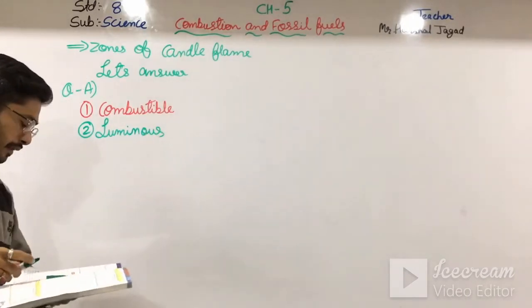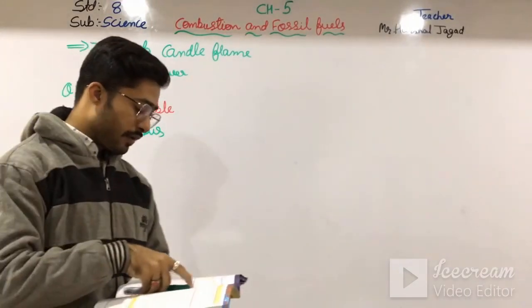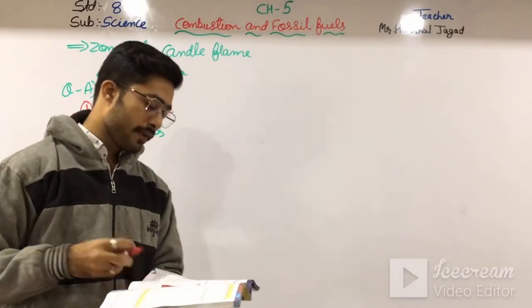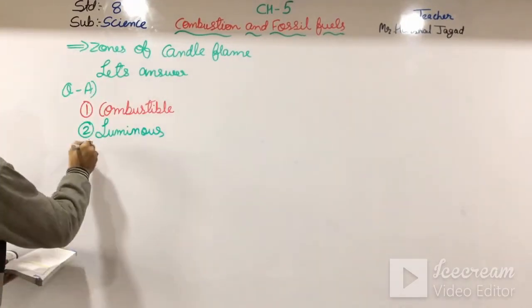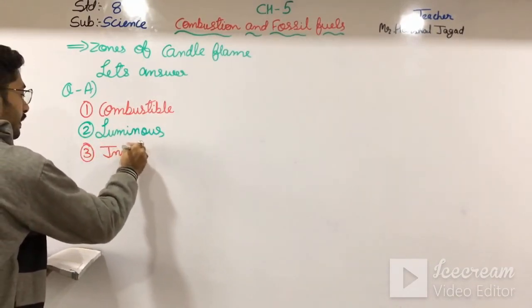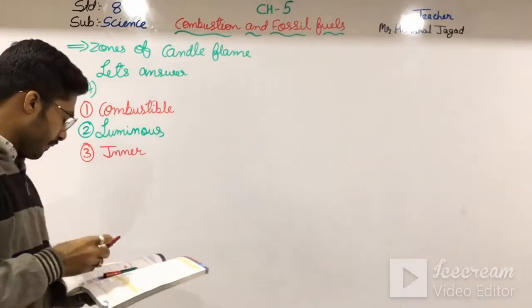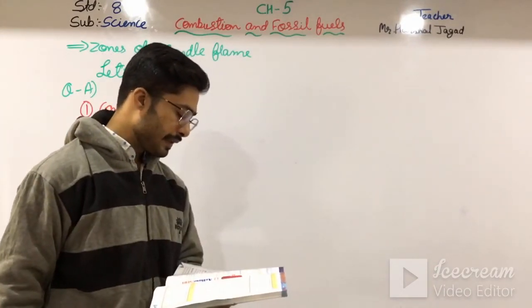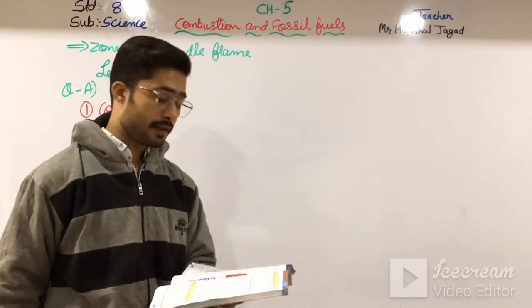Third one: combustion does not take place in the dash zone of a candle flame. In the inner zone. Fourth one: the inner zone appears black as it has dash oxygen.